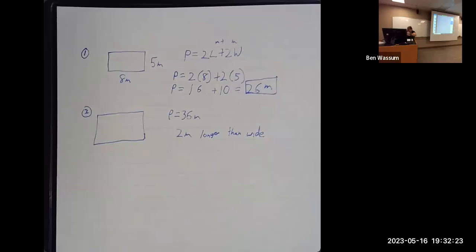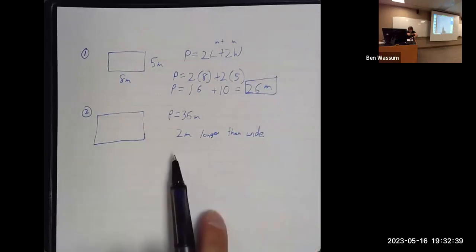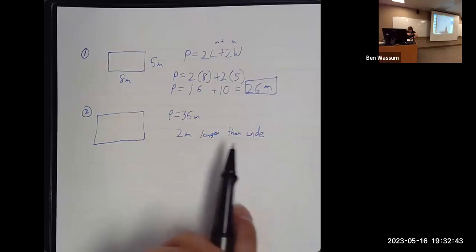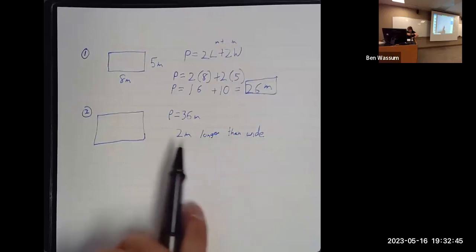So what I usually like to do is first find what everything's in terms of. Is everything going to be in terms of the length? Is everything going to be in terms of the width? Well, this statement is comparing the length to the width, right?